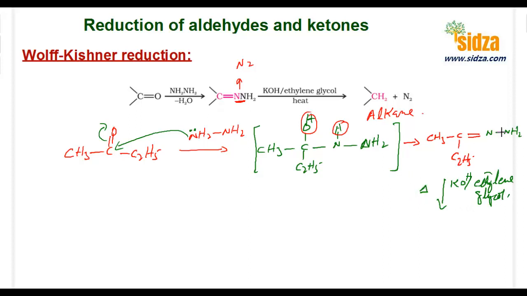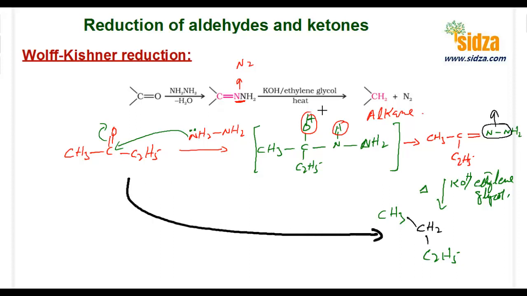The nitrogen is lost as N2 from this intermediate, so you get a CH2 group, carbon attached with hydrogens, and the two other groups attached to the carbon are CH3 and C2H5. If you look at the starting compound and the final product, there is a conversion of the carbonyl group into CH2. That's the net reaction.